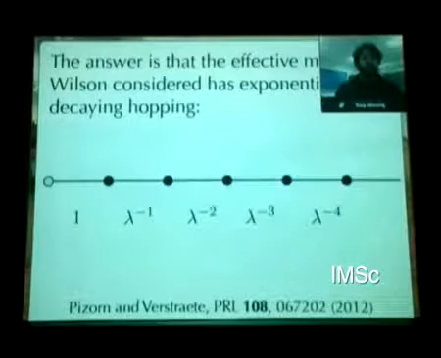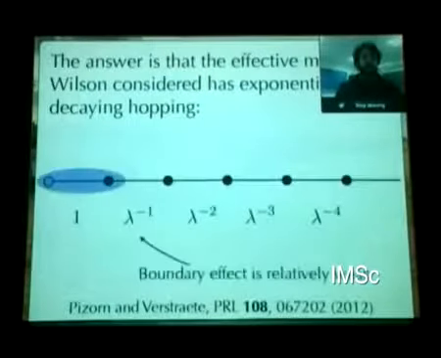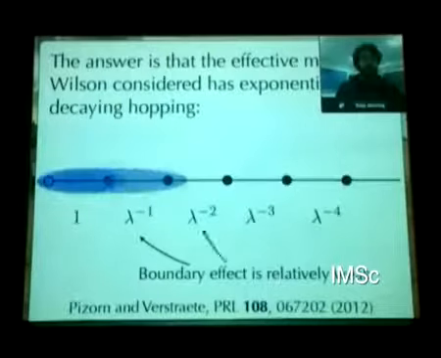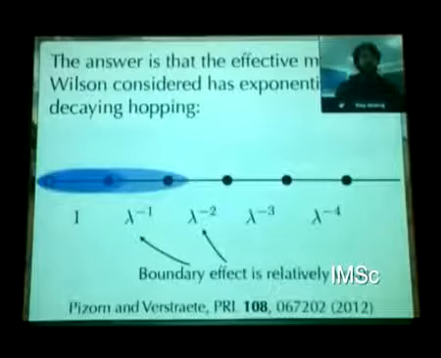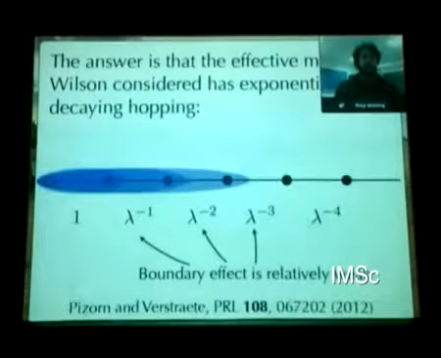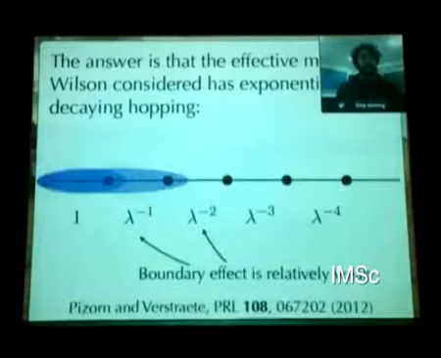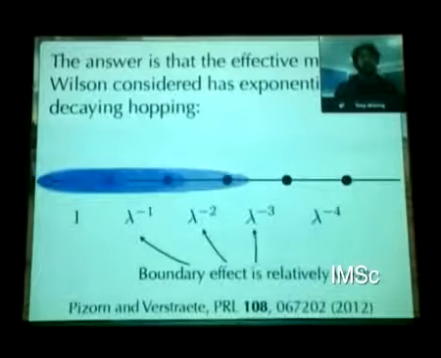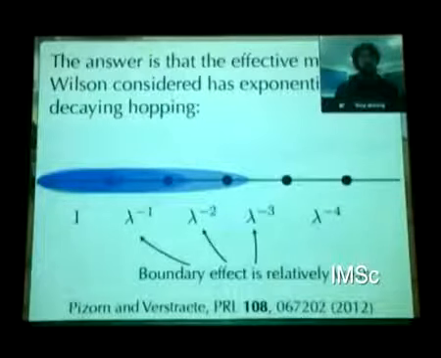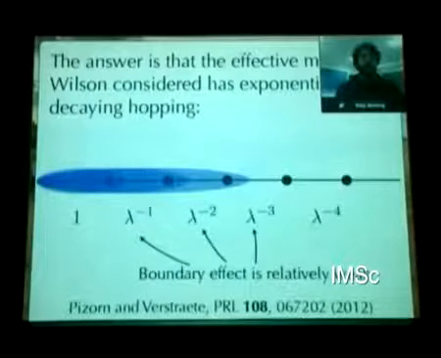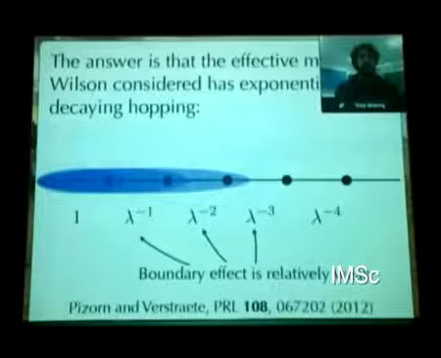But now if you please click on the slide, it shows how you can group the sites together in the NRG. In the NRG, the other day I showed it kind of blocking many sites all at once. But the way it was really done was that you first group the first two, find its energy eigenstates, then the next two. And you see that each time, the coupling that's coupling those sites to the rest of the system over to the right is relatively weak, down by a factor of lambda, or down by a factor of like 1 over lambda compared to the energy scales of the sites that are grouped.